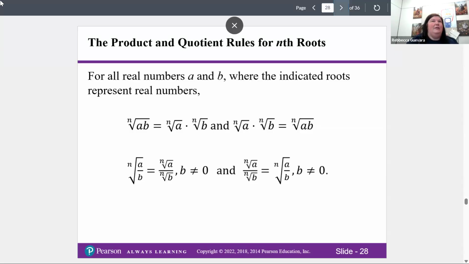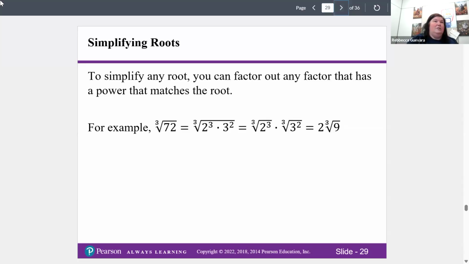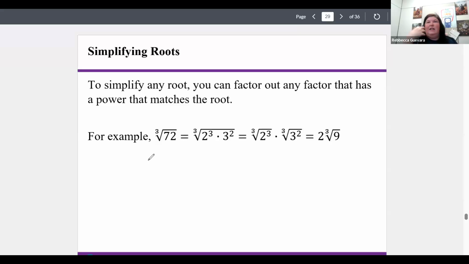We already saw this property already. So simplifying an nth root, like I said, not much has changed from what we were doing before. This time, to simplify any root, you can factor out any factor that has a power that matches the root.